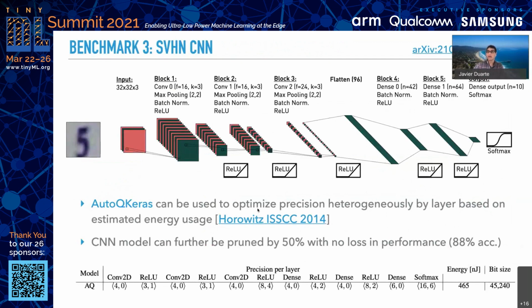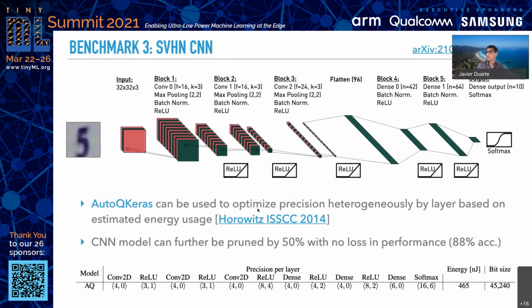A third benchmark that I wanted to show is a CNN for classifying digits from the Street View House Numbers dataset. The interesting thing to point out here is that we used a capability of this package called AutoQKeras, which can be used to optimize the precision heterogeneously by layer according to the estimated energy usage, using these Horowitz estimates.